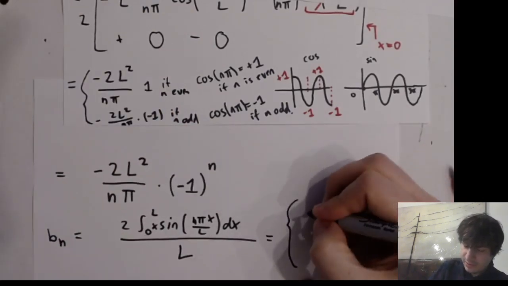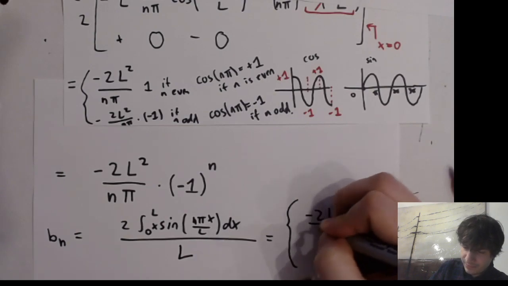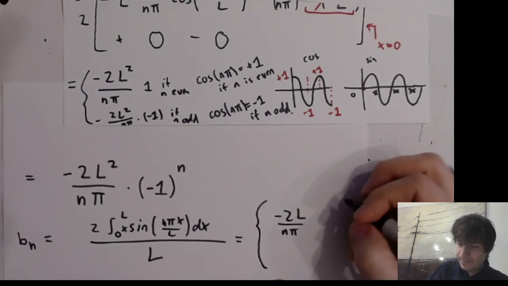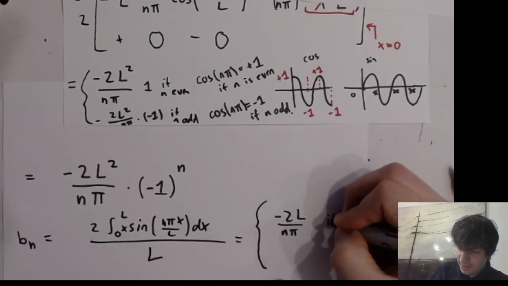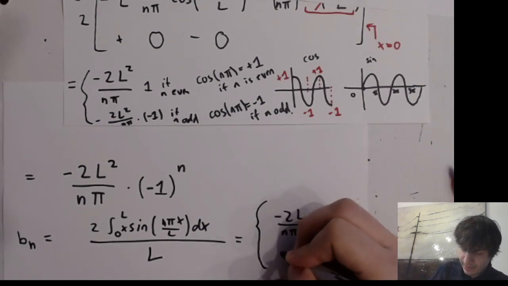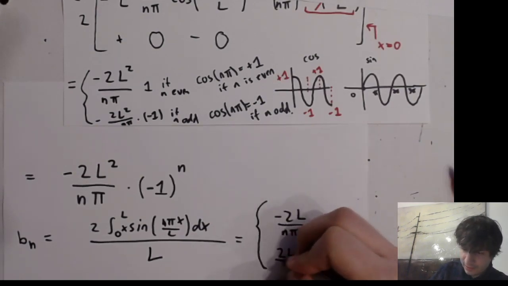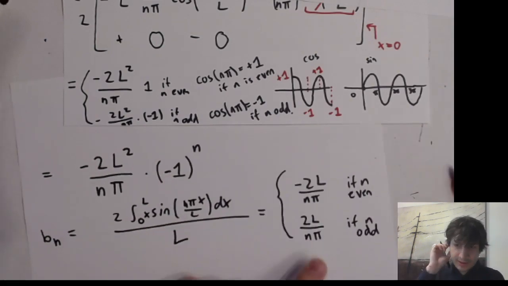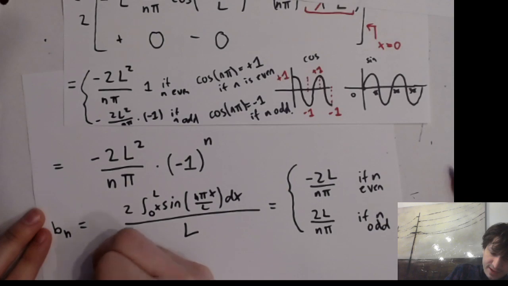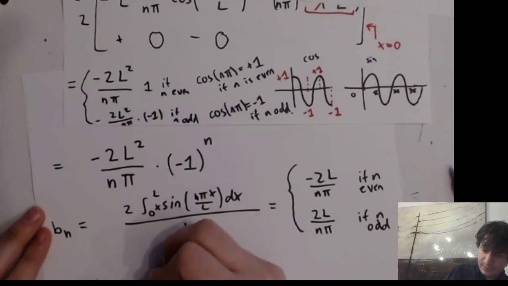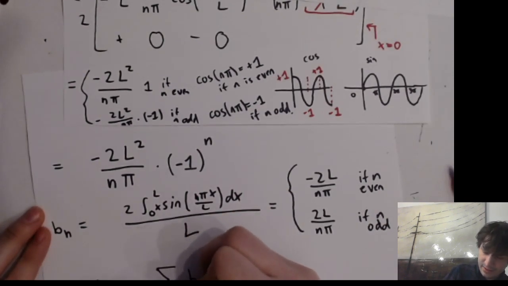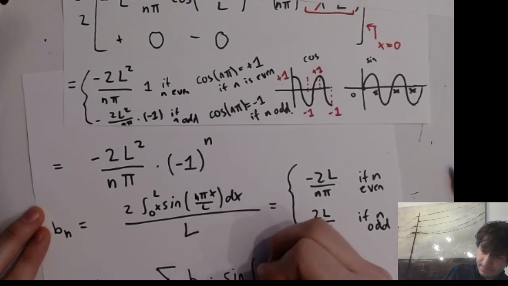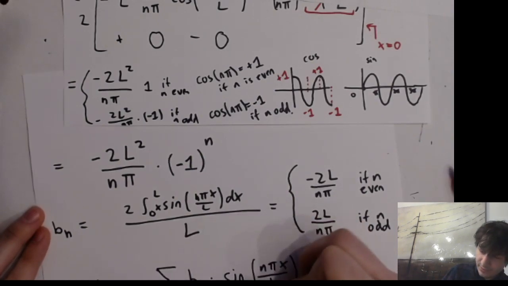It's equal to minus 2L over n pi if n is even, and it's plus 2L over n pi if n is odd. And the whole thing is that the function f of x is equal to the sum of bn times the sine of n pi x over L.